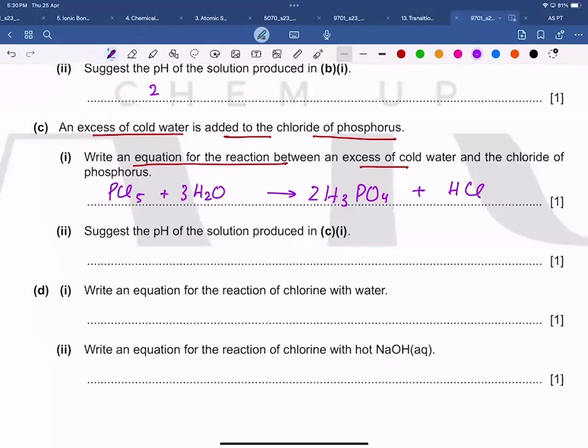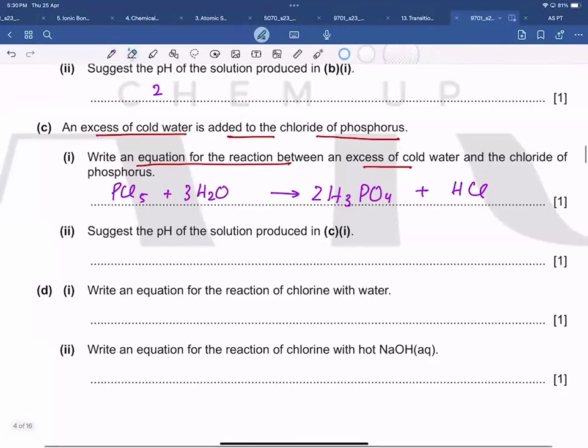3, 2, no, 1 minute, 5, no, it's not 6. Into the 16.